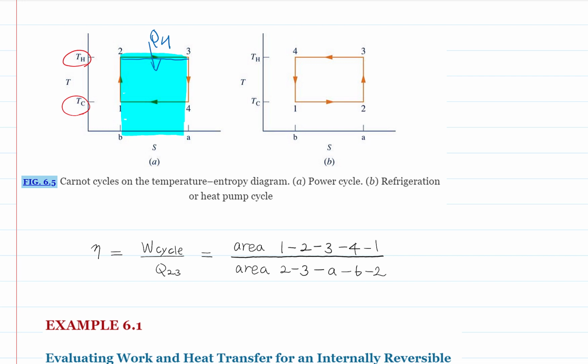So this is heat added. QH is the integral from A to B of T dS, which is equal to temperature times entropy change between A and B. So entropy here is SA, entropy here is SB.